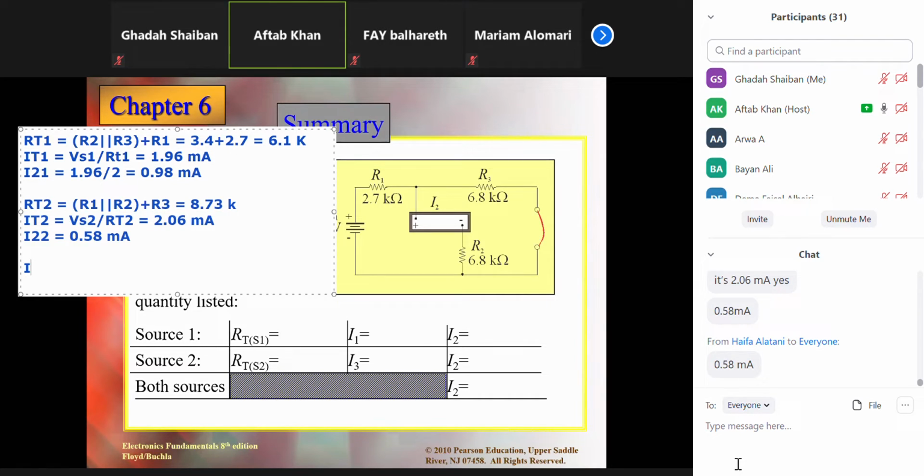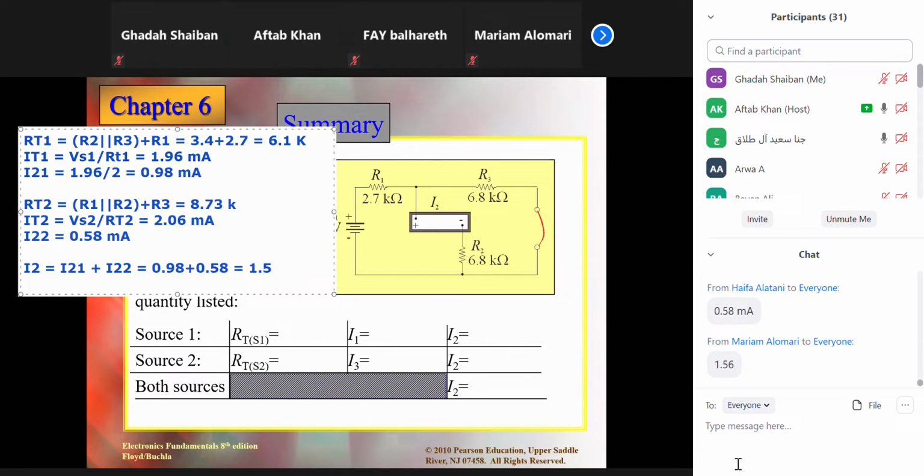So the final I2, we will say I21 plus I22, which you will add here: 0.98 plus 0.58. Just add them and get the value. 1.56 milliamps. So this is the overall current which is flowing in this circuit.